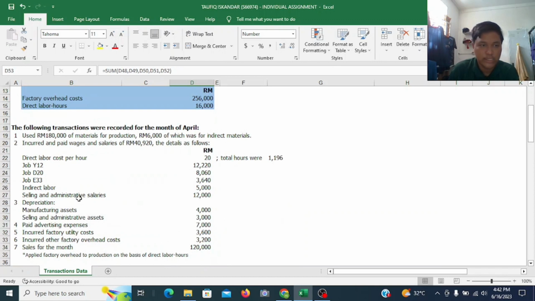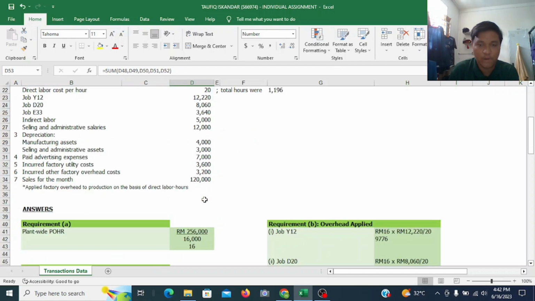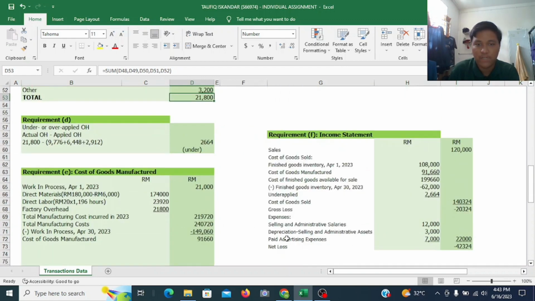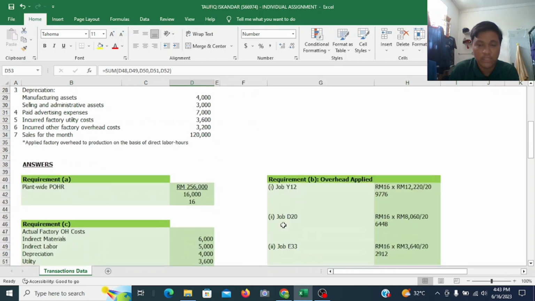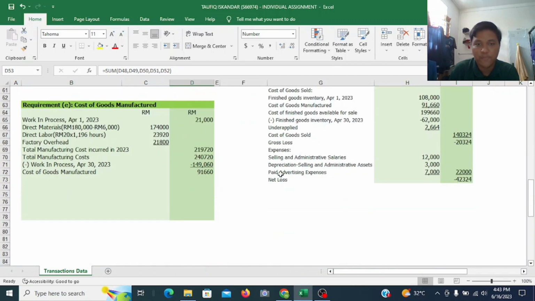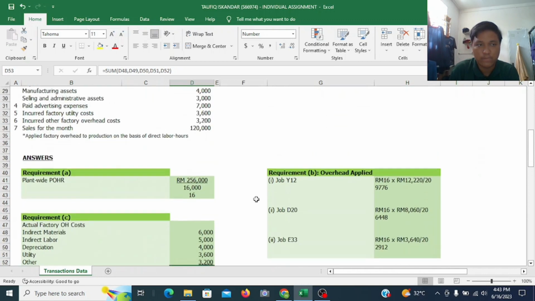Then we go to the expenses, where we have selling and administrative salaries of 12,000. Then we have depreciation, selling and administrative asset, 3,000, and then we have paid advertising expenses, 7,000.